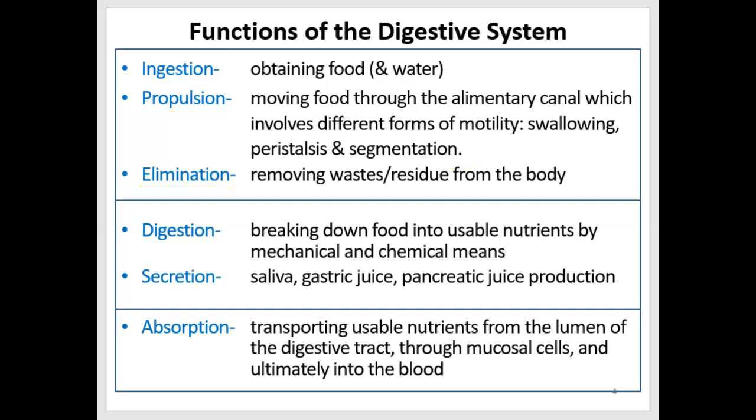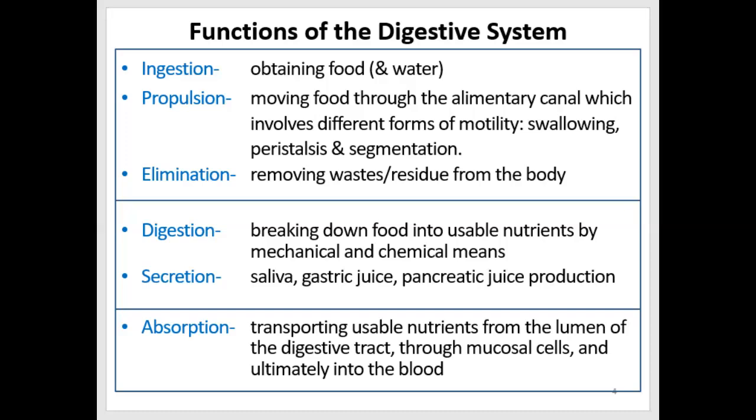The second category of function includes digestion and secretion of substances. So digestion is defined as breaking down nutrients into a usable form. Either breakdown occurs mechanically or chemically. Mechanical digestion involves chewing and muscular contraction of the digestive tract.